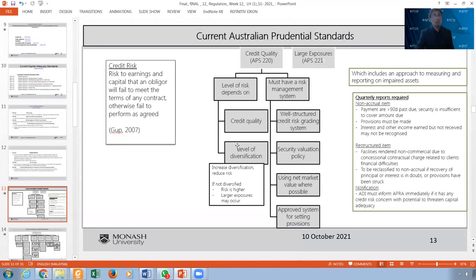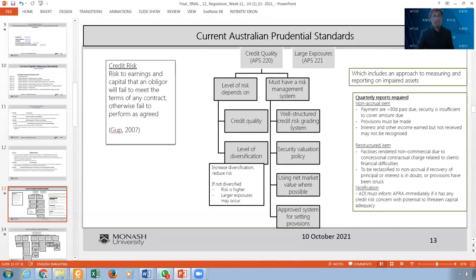They want to ensure that there is credit quality when we talk about individual loans, and there is proper diversification also. If this is not in place, then you have a problem with credit risk.